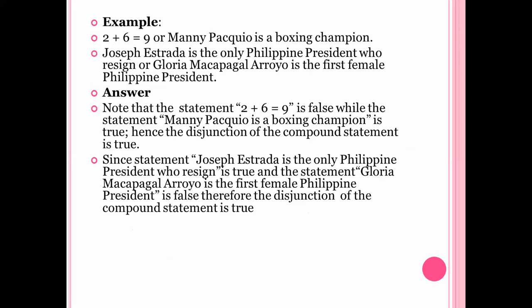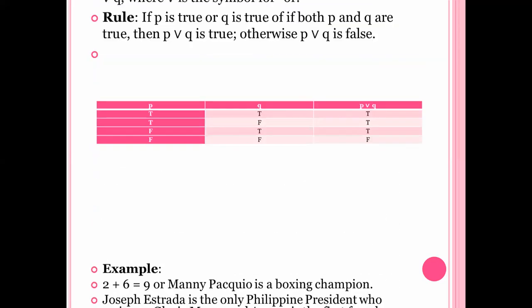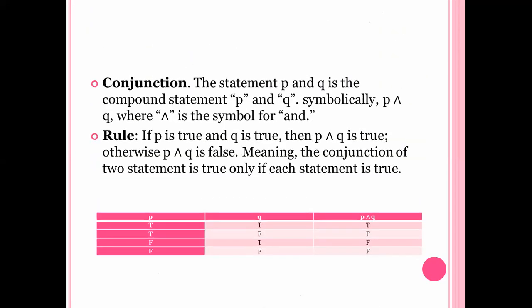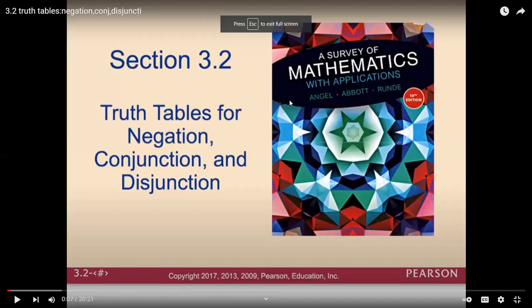I will show you a video discussion para mas malinaw itong lesson natin regarding logical connectives. So we have here the truth tables for negation, conjunction, and disjunction. So I will post this on our Google Classroom for the link for this one. But for the meantime, lagay muna natin siya dito sa ating presentation.